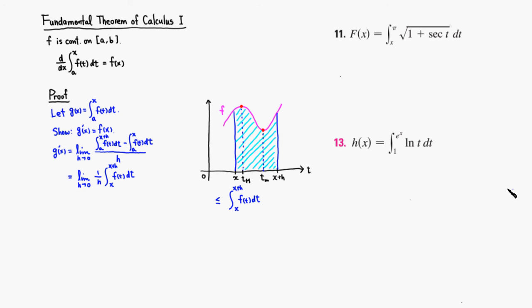If you draw a rectangle using the lowest point as the height, then since we're using the lowest point, the area of this rectangle is going to be definitely smaller than the area of the shaded region in blue.